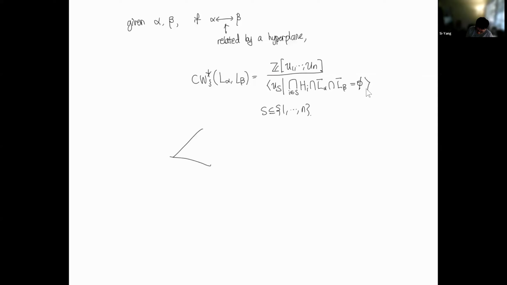So you have these two regions, and you only look at the hyperplanes with non-trivial intersection along this blue line. If the intersection is empty, you remove that. You also need to multiply by an element which we call f of alpha beta, given by wrapping halfway from alpha to beta, and then you have an intersection. So this is a module.